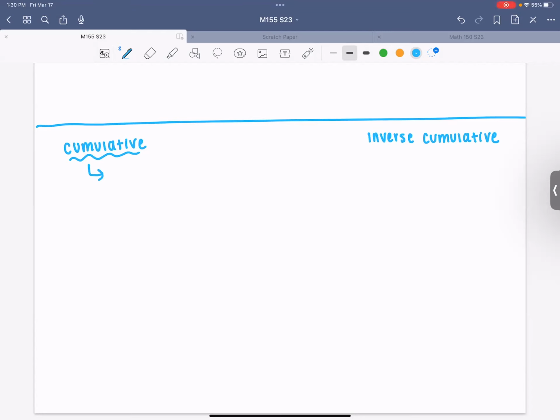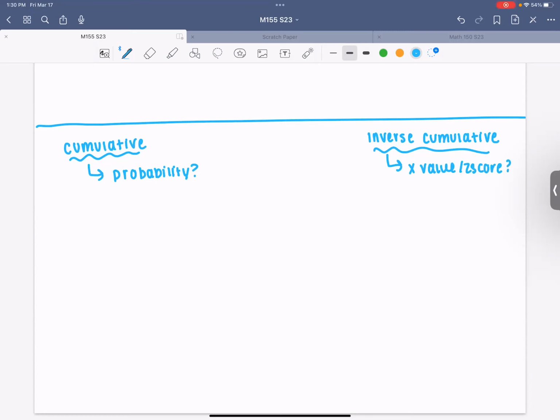Yeah, you got it. So when you're doing the cumulative questions, you're being asked about the probability. When you're given the inverse cumulative button, the question is really asking you what's the x value or the z-score. So that's what you're trying to find.